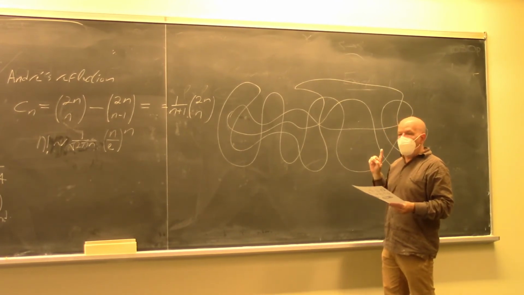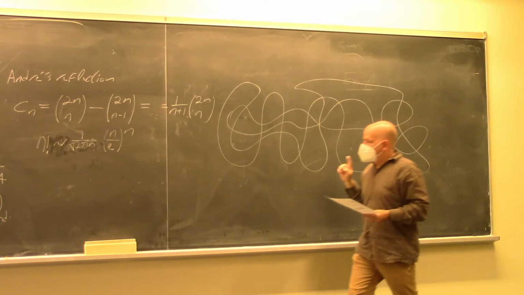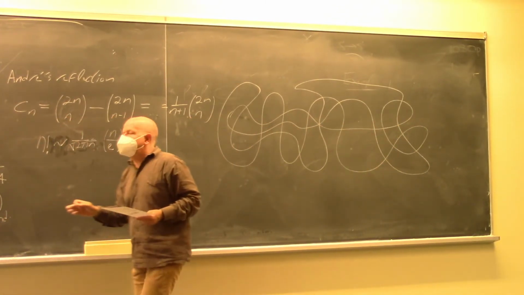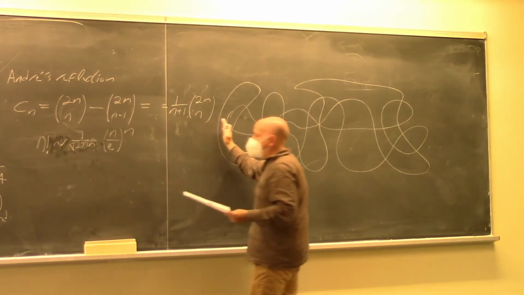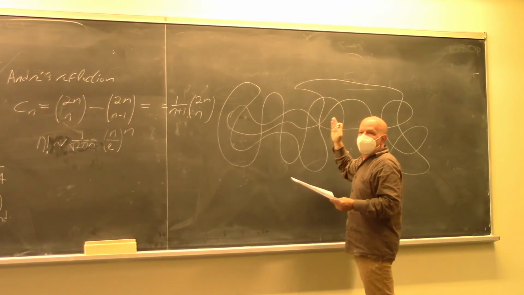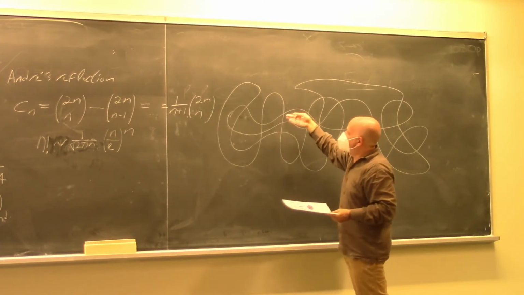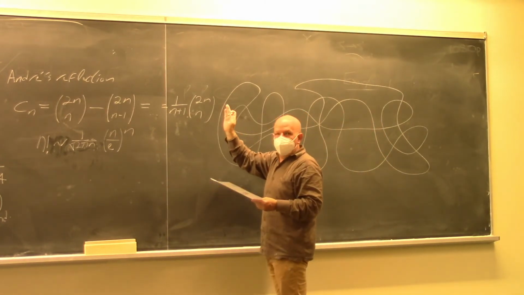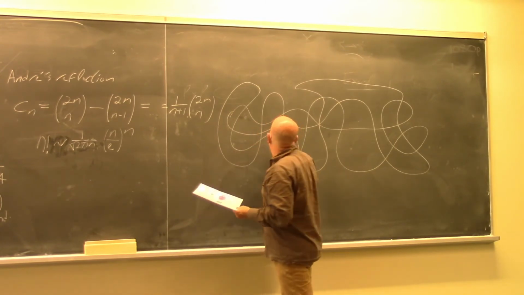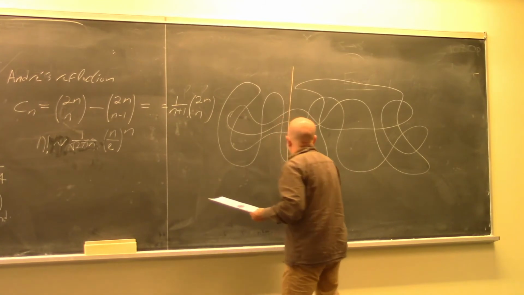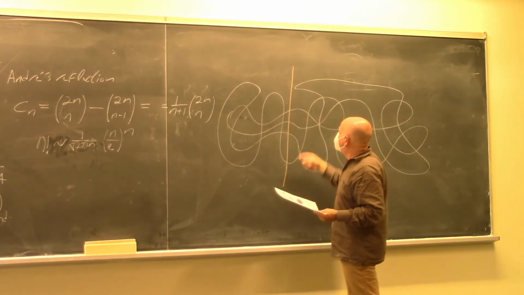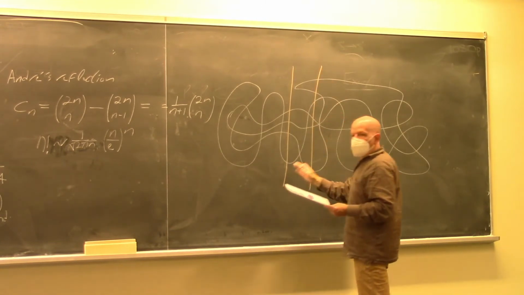So the width of a knot is defined as follows. You put it in the plane and scan it from left to right, the width of a knot diagram. At every point, you count how many strands you cross, and of course, that depends on where you are.